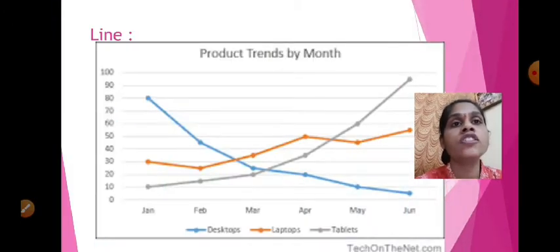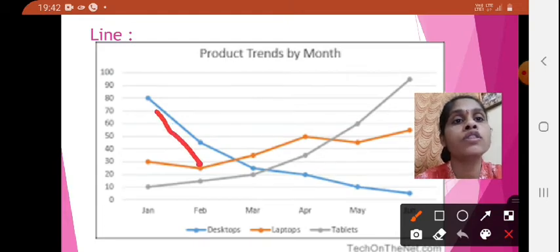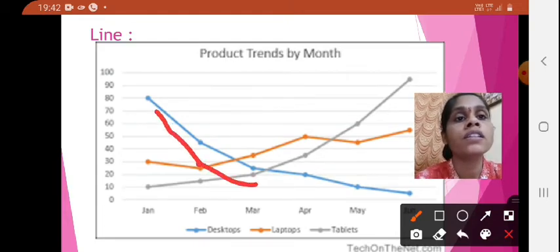This is your line chart. Line chart means all these things are present in the form of lines. See, 80 will come to 45. Then this blue we are seeing, 82, then it comes to this, means 30.